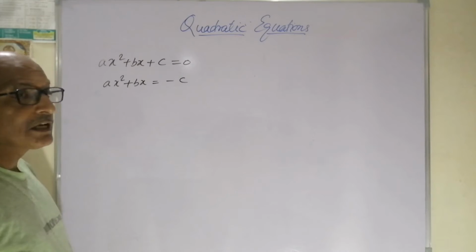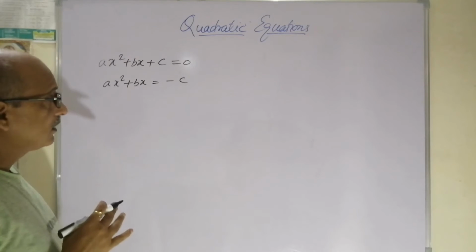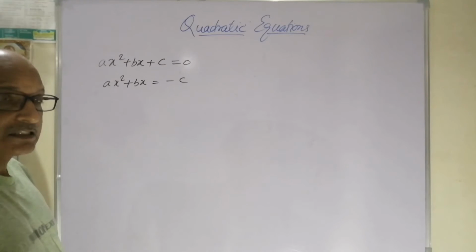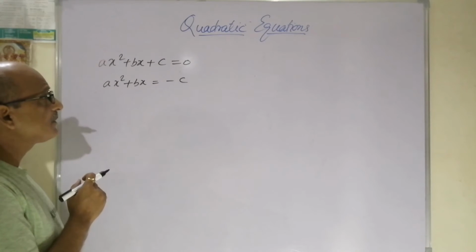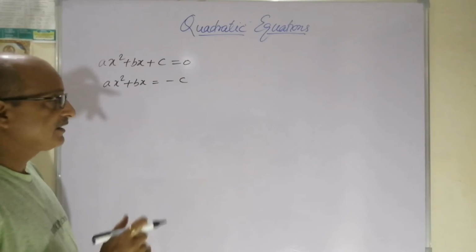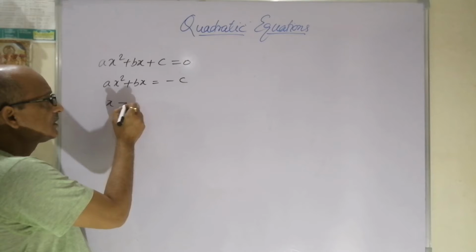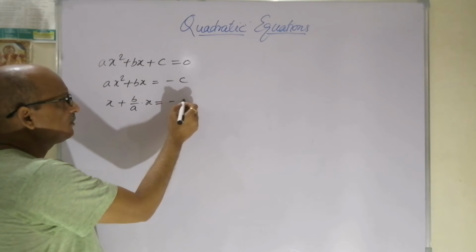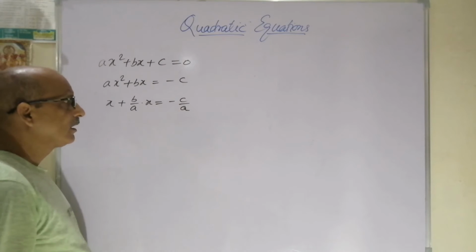Next step, in this derivation we must learn the steps: first step, the next step, the next step, and so on. The next step is to divide each and every term by the coefficient of x square. So you'll get x square plus b upon a into x is equal to minus c upon a.